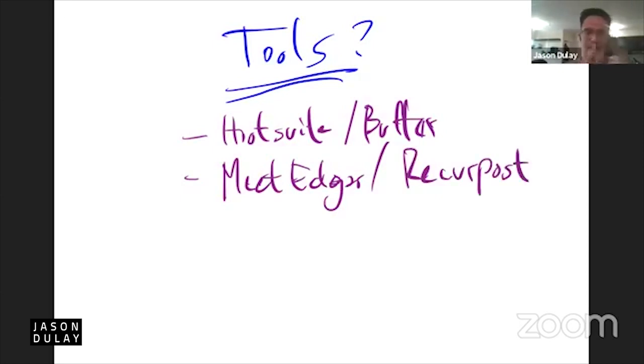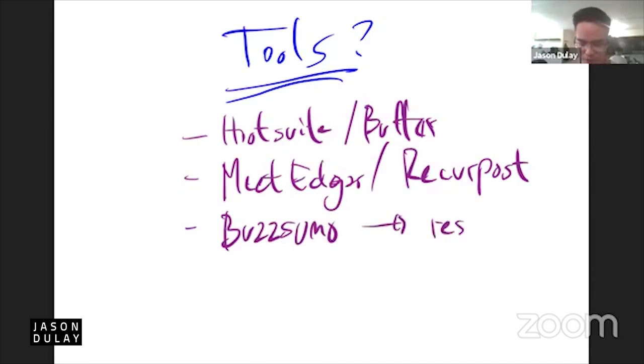And what these do is they have a library of posts that you can use. You would also have something like BuzzSumo to do research, to research what kind of campaigns are working in social media, what kind of campaigns are being shared, being liked, being commented on. You can have other tools as well, but these are ones that I recommend you check out, especially if you're starting out.